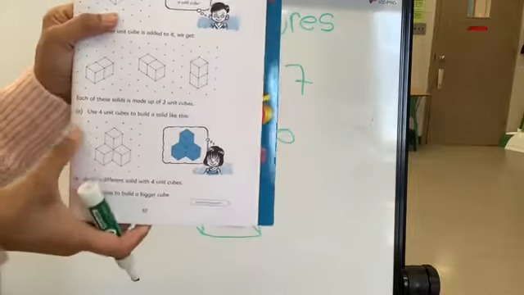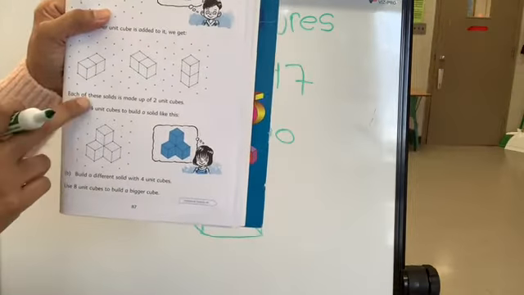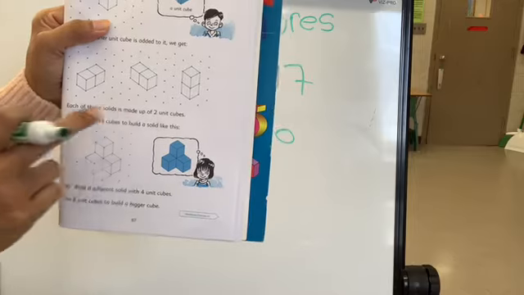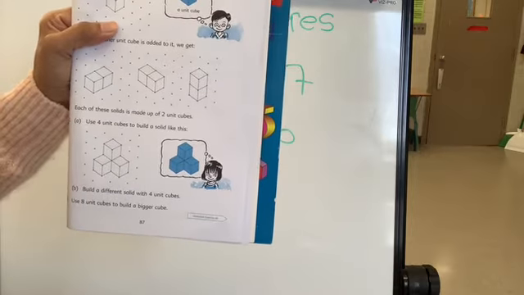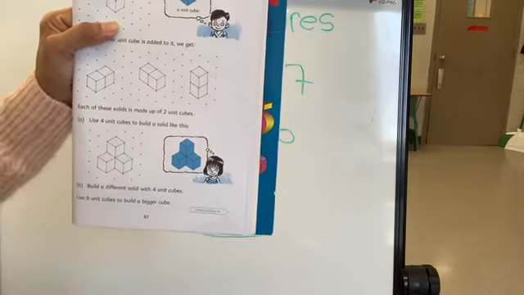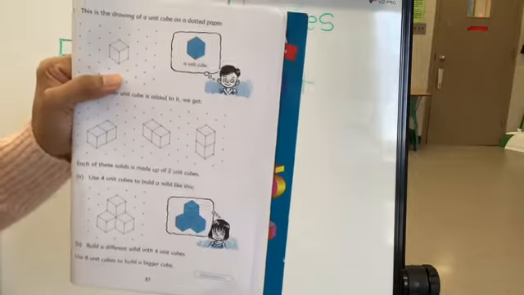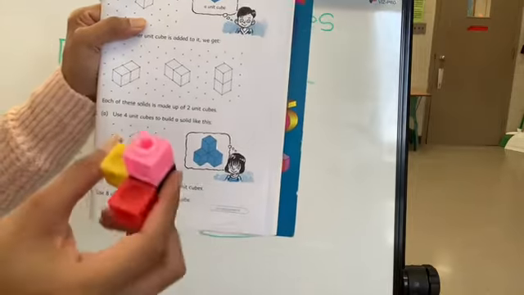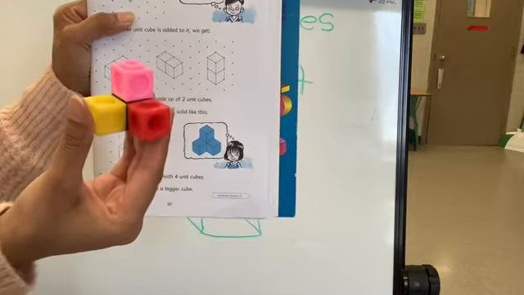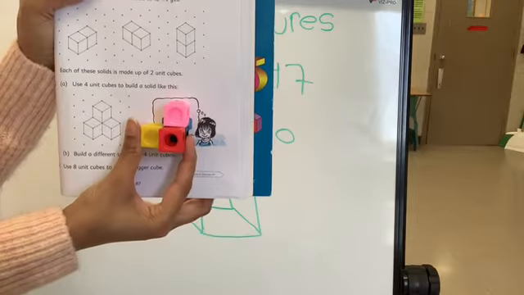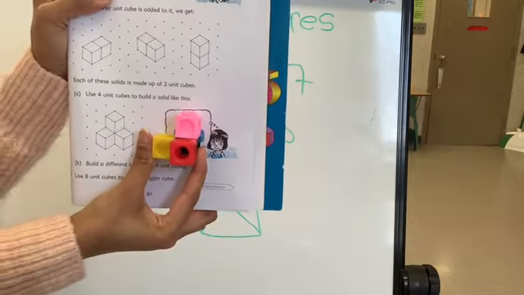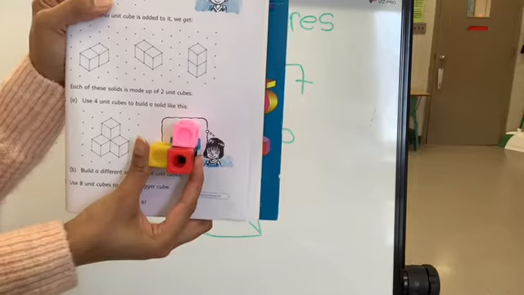Now let's look at 2A, okay? Each of these solids is made up of, use 4 unit cubes to build a solid like this. Now here's the thing, I'm going to show you this shape which I built using these cubes here, right? This is the shape. How many cubes do you think I used?